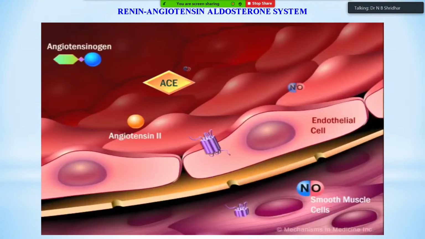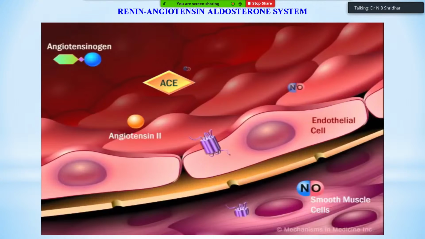Angiotensin 1 receptor stimulation causes vessel constriction, sodium retention, water retention, and other effects like ROS formation. The angiotensin 2 receptors cause vasodilatation, cell proliferation, and other responses.